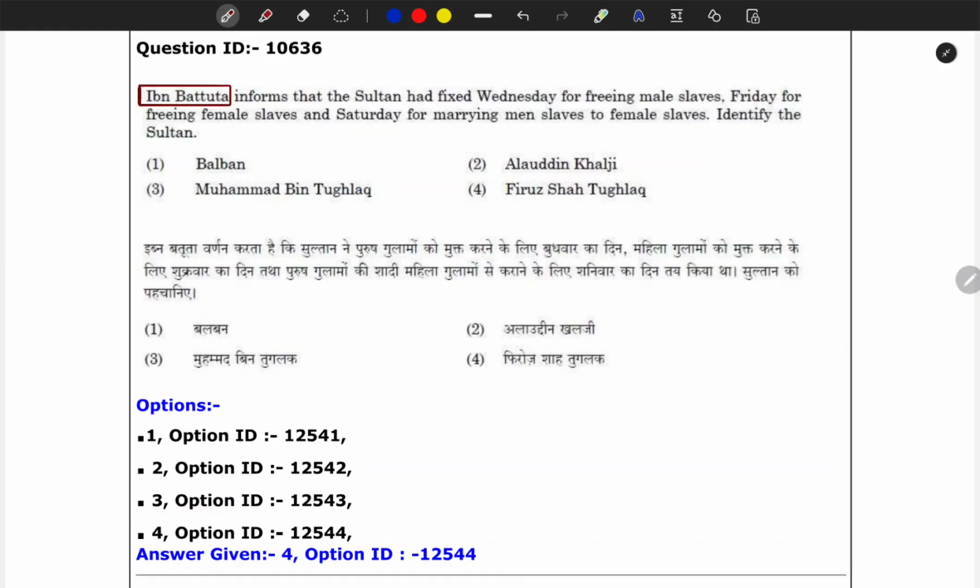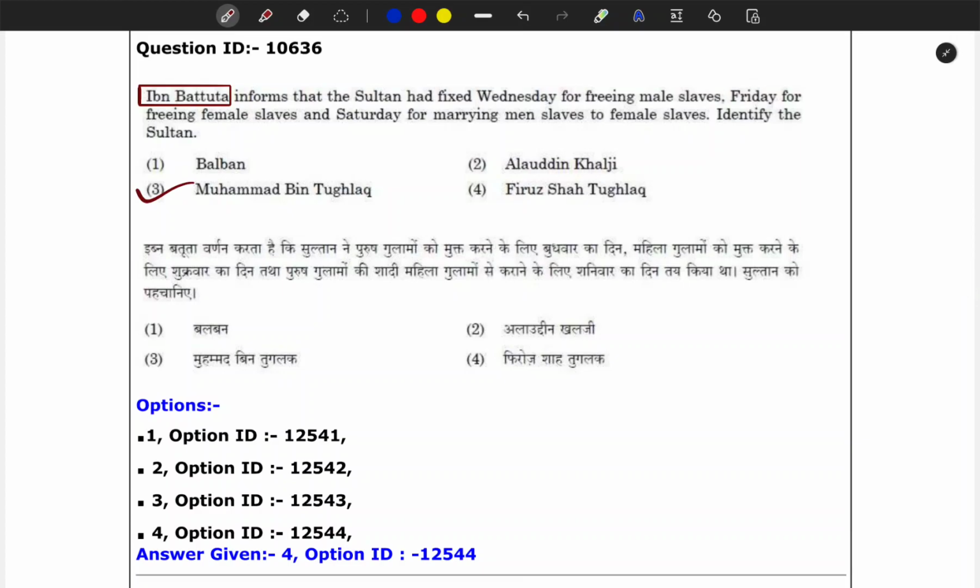Here, if you don't know whether Ibn Battuta has given this description or not, only one thing you have to think is that he was contemporary to Muhammad bin Tughlaq. He was in his court for some time, he was punished, then he was sent as an ambassador.